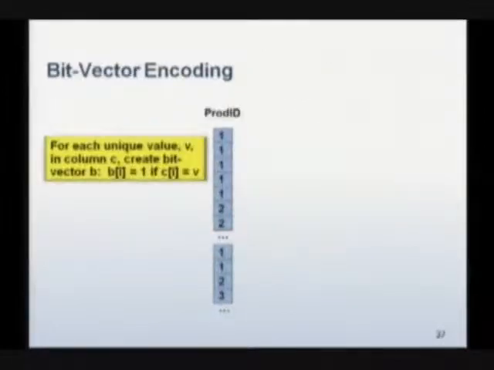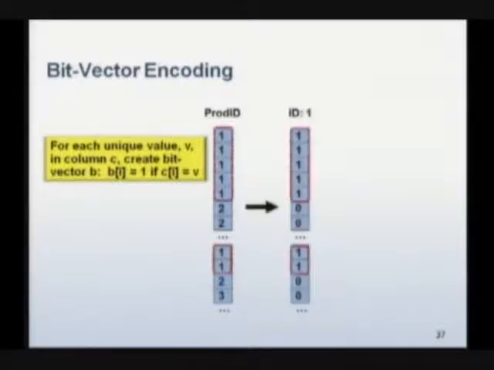Another technique, and you've seen bit vector indices, is bit vector encoding. Here, for every unique value, I create a bit vector representing that value. So here I have product ID.